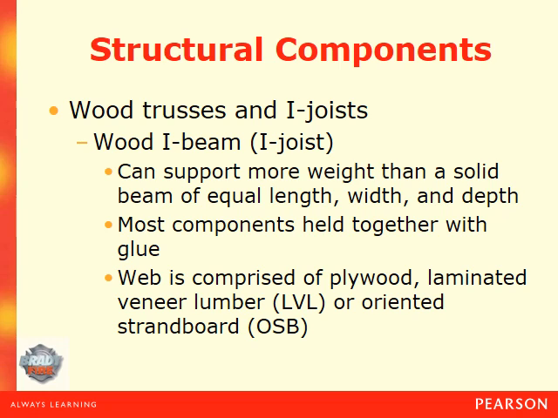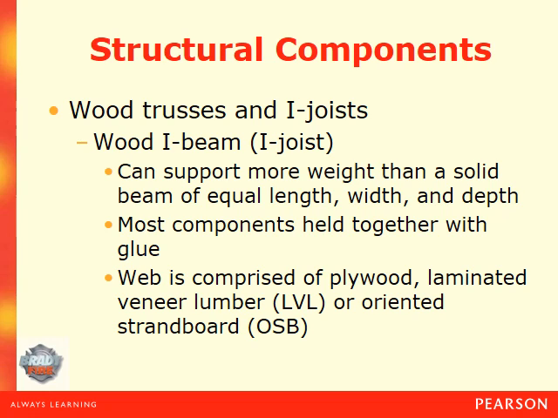A wooden I-beam can support more weight than a solid beam of equal length, width, and depth. Most components are held together with glue, which in turn creates a bit of a problem because, even though it's structurally sound, or even more so than a solid piece of wood, it's highly susceptible to failure under fire conditions because that glue will loosen up, melt, or catch fire.